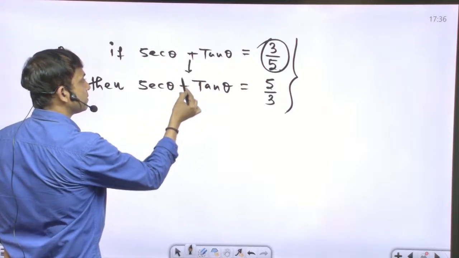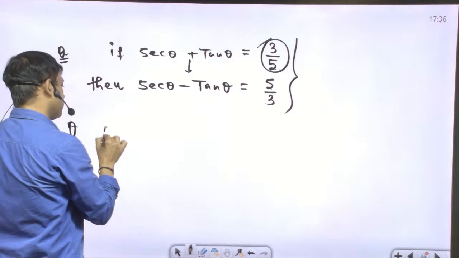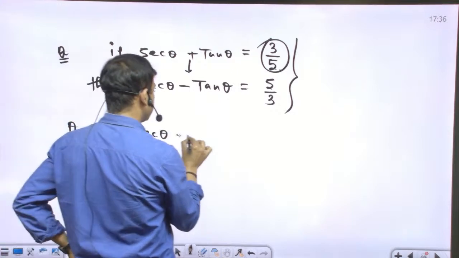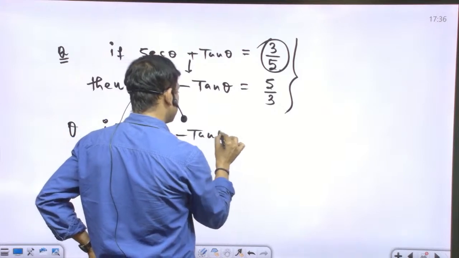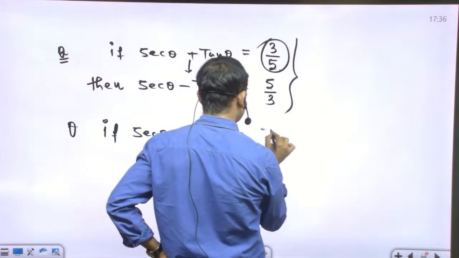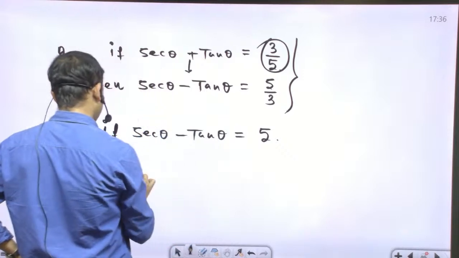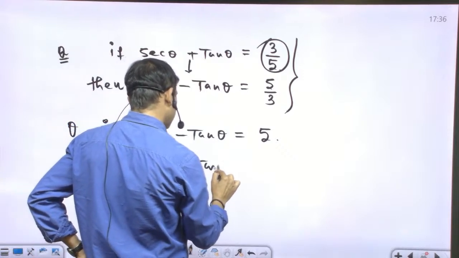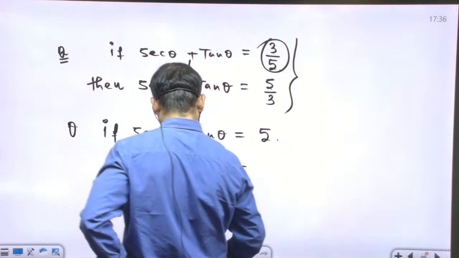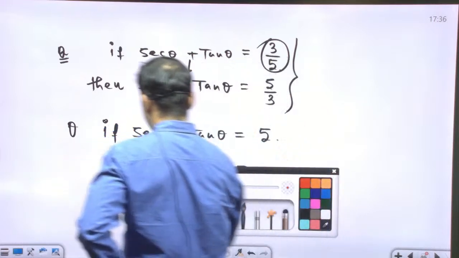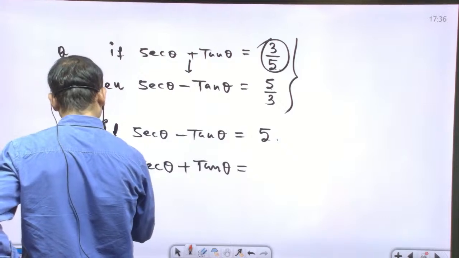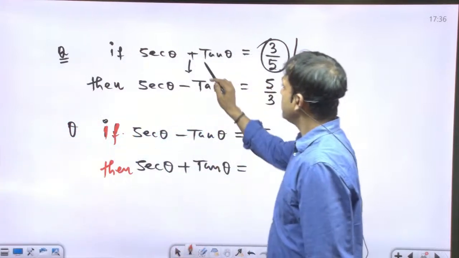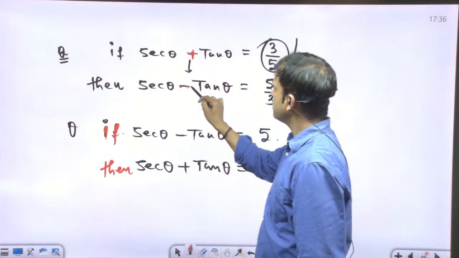Question in plus, your answer in minus. If sec theta minus tan theta is given as 5, then what will be the value of sec theta plus tan theta? In the previous question, the given sign is plus and the question is minus.